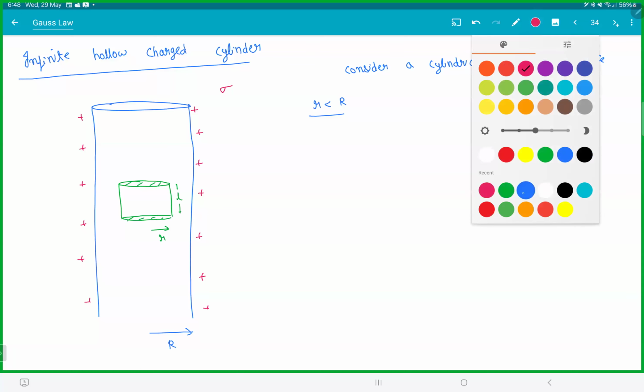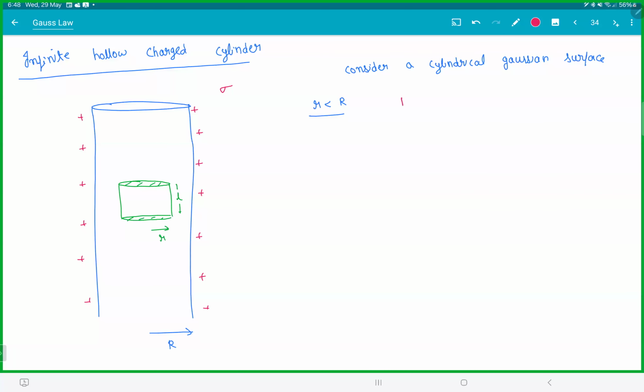We can see by symmetry, if the field exists, it should be radial. By symmetry, that is the important thing. If you don't have symmetry, you can't say the field is radial. Meaning the field is going away from the center, if at all it exists. So you are assuming the field is like this, and on this surface the field is like this.